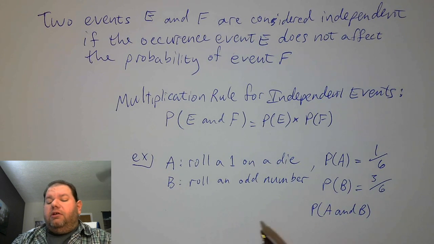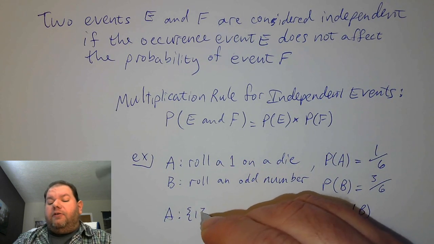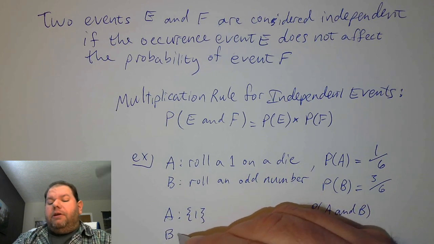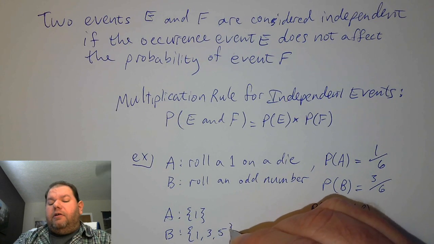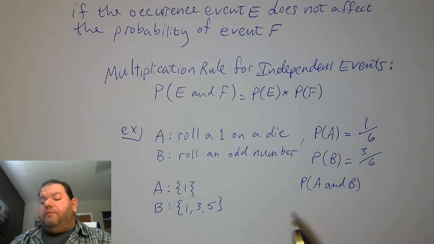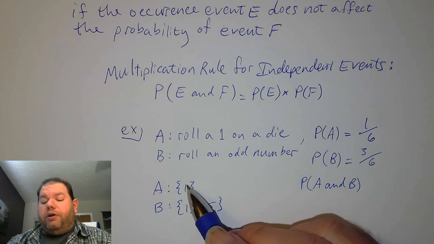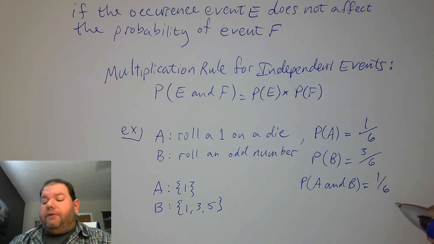So, if event A, its sample space is just 1, and event B has a sample space of 1, 3, and 5, then they have the 1 in common, so that basically P of A and B is the one that they have in common out of 6 total outcomes.